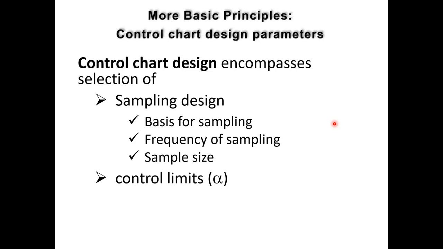Now in order to develop a control chart, as I mentioned just now, you have to come up with a few decisions first of all. So these decisions will actually help you in designing your control chart. In other words, your control chart design will be based on two things. Rather, it will be based on the sampling design, and on your control limit, which is alpha.